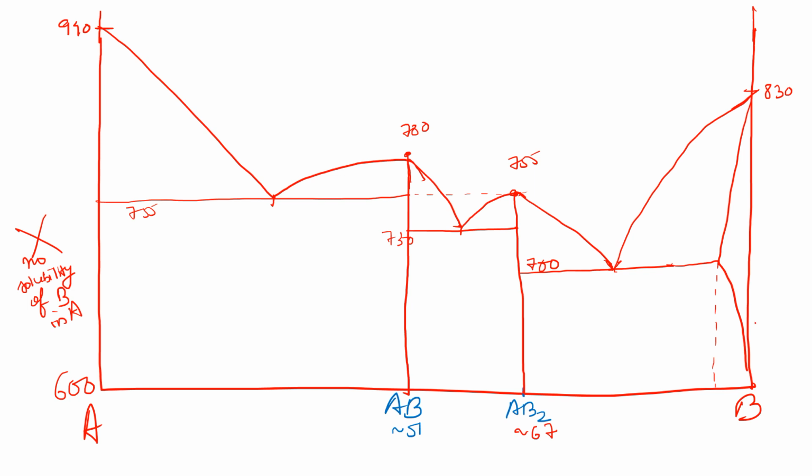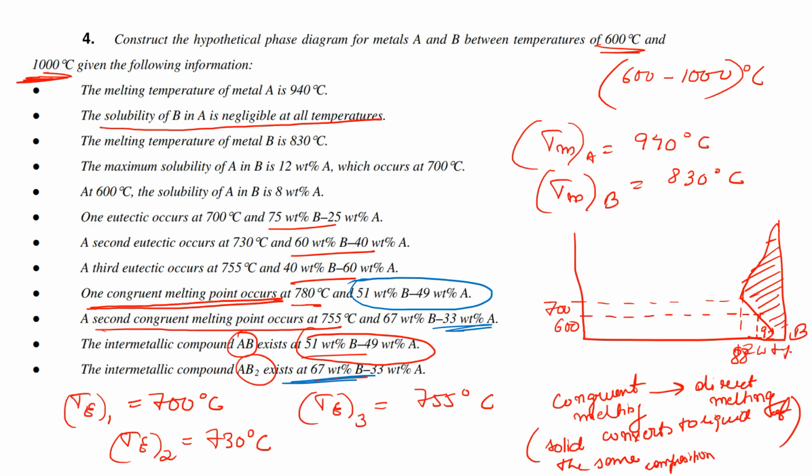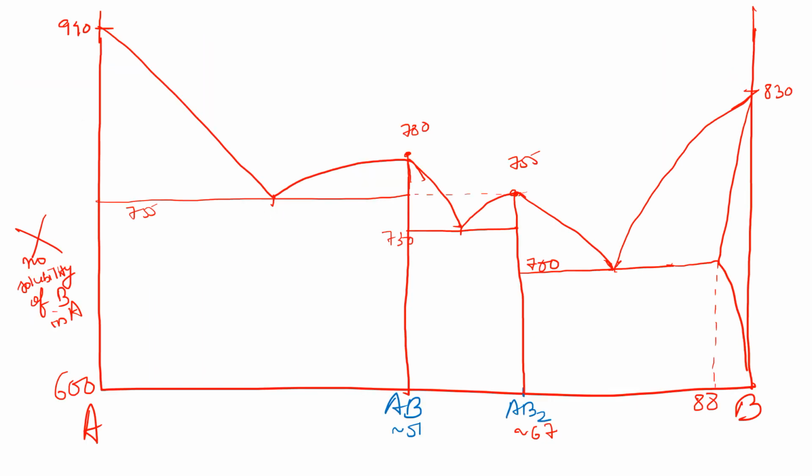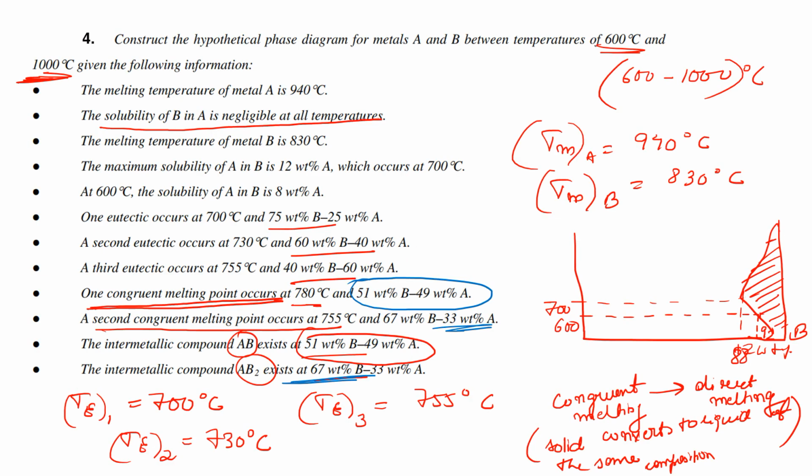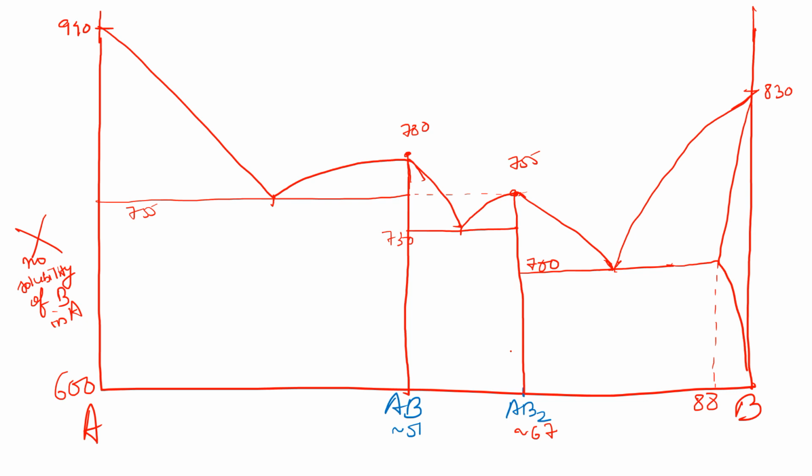This is 88% of B, and at about 600 degrees centigrade it reduces to 92. So instead of drawing it close to 100, it should go something like this. This is 92, and at 600 degrees centigrade the solvus touches 92.